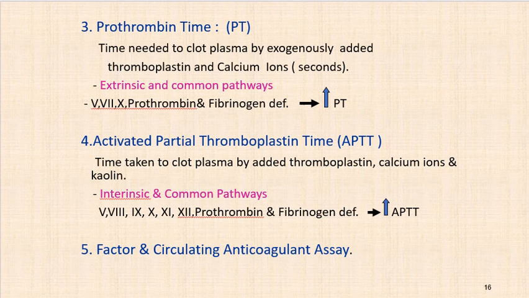We can measure factor 5, factor 8, and similarly other factors, their quantity, their level in the blood. And we can also determine whether some anticoagulant against these coagulation factors is circulating in the blood. So, factor and circulating anticoagulant assay is the fifth test.